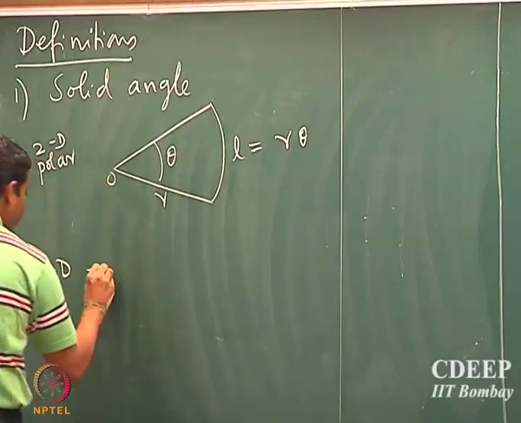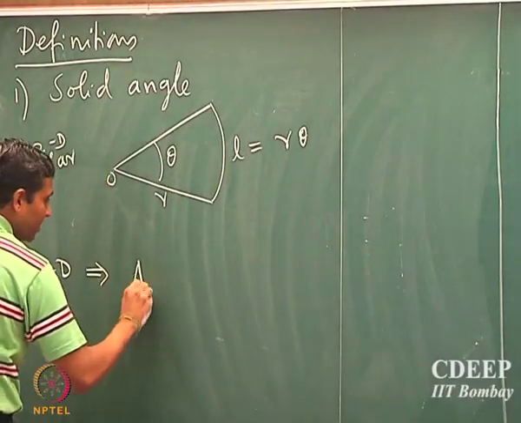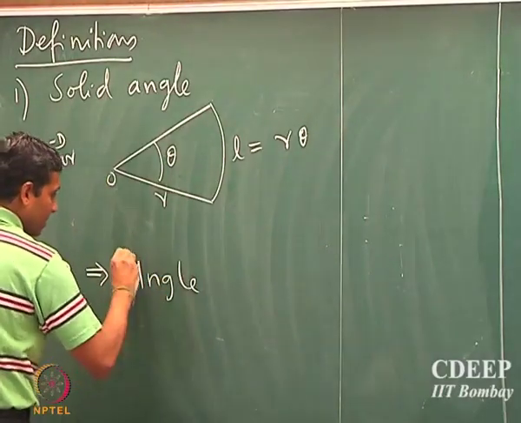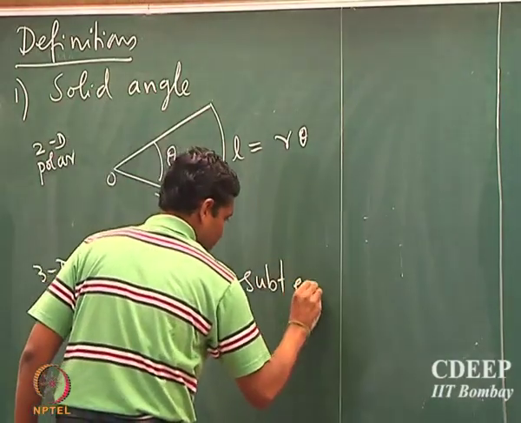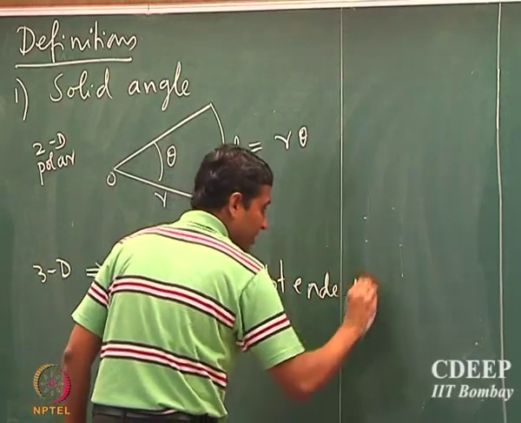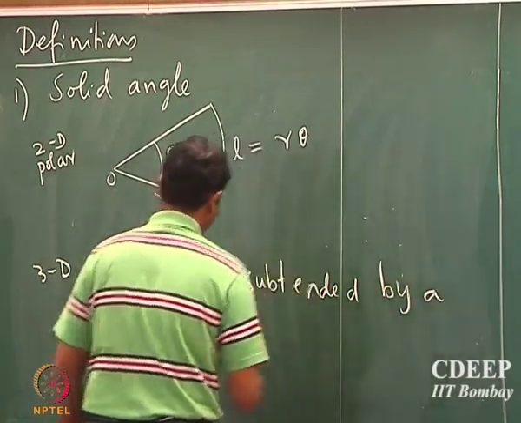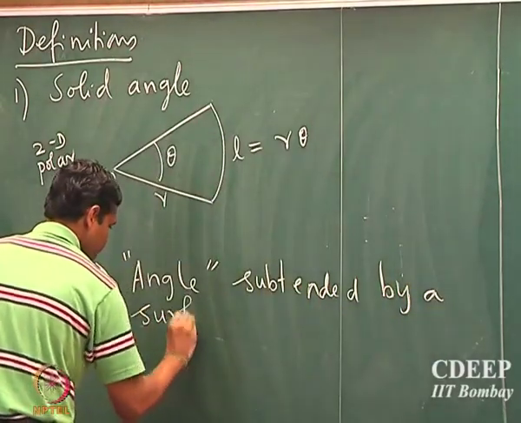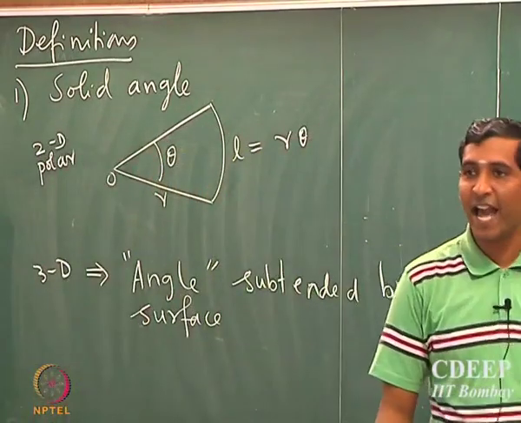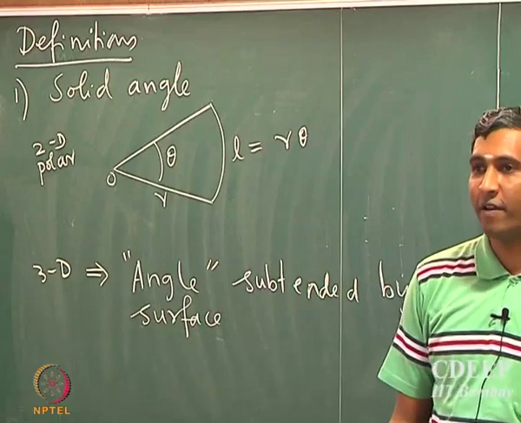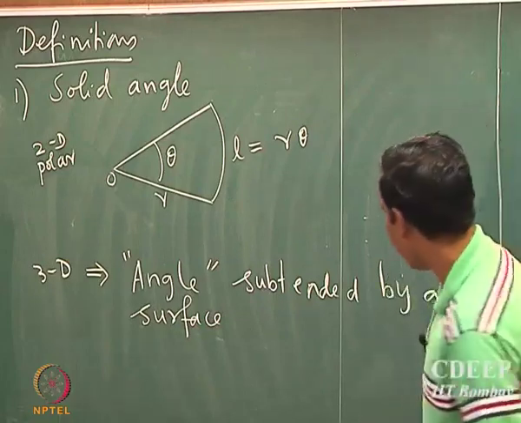So, we need to define the angle subtended by a surface. We need to define what is the angle that is subtended by a given surface to a particular point. Okay.